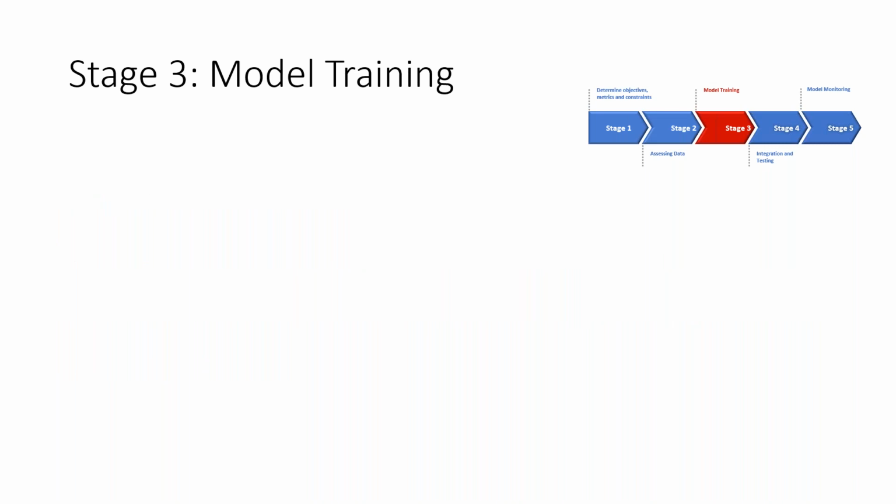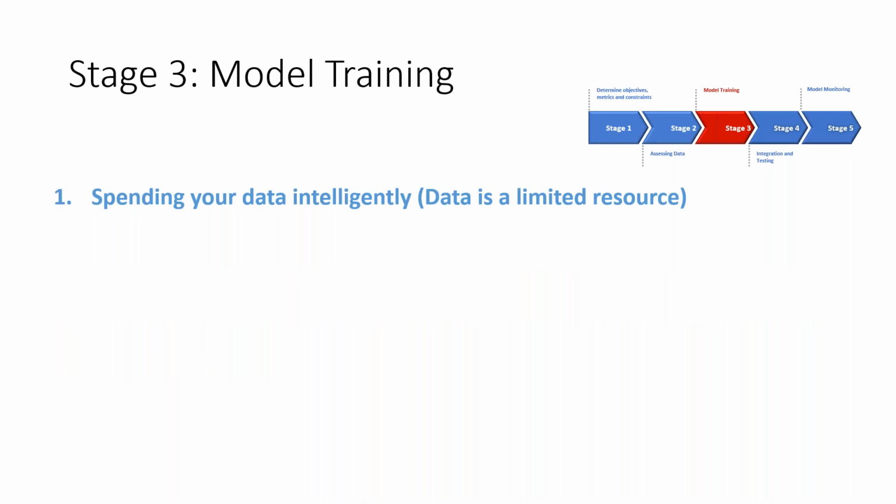Then we use that analytical base table to create a training process. When you train, you have to test also whether the model is predicting correctly or not, so you have to use the same data to both train as well as test. You have to organize a strategy for that.